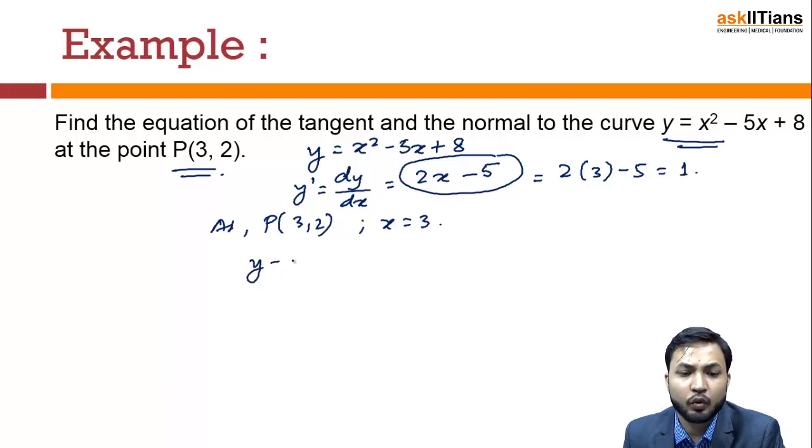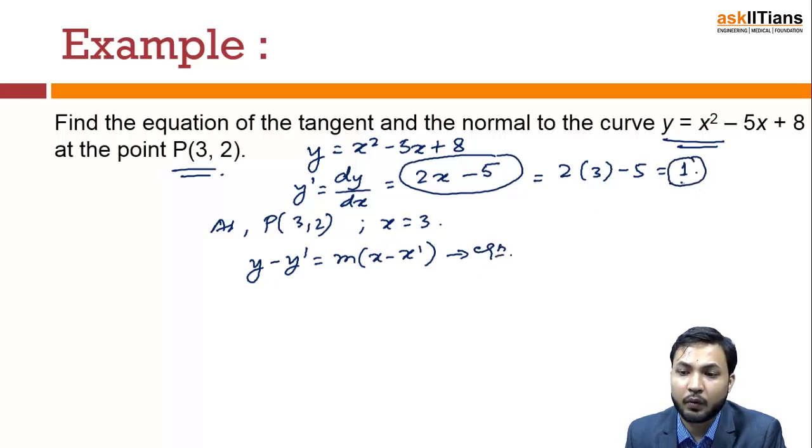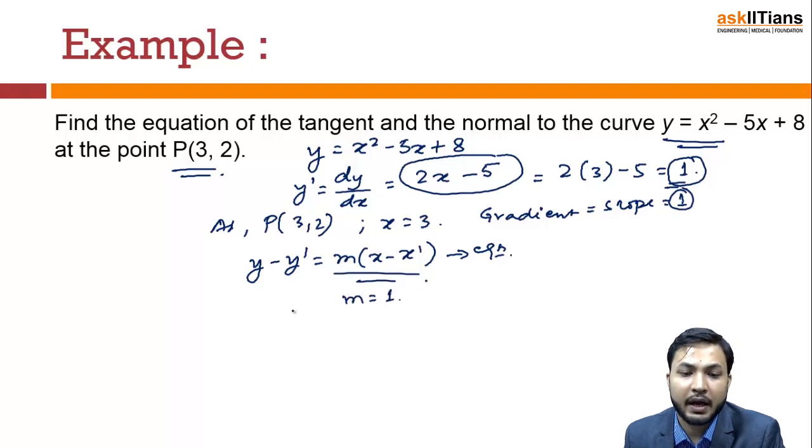Also I know that y minus y dash is equal to m into x minus x dash is the equation of a line. Now this 1 over here is my gradient, also known as the slope. So m is equal to 1, and x dash and y dash I get from this point.